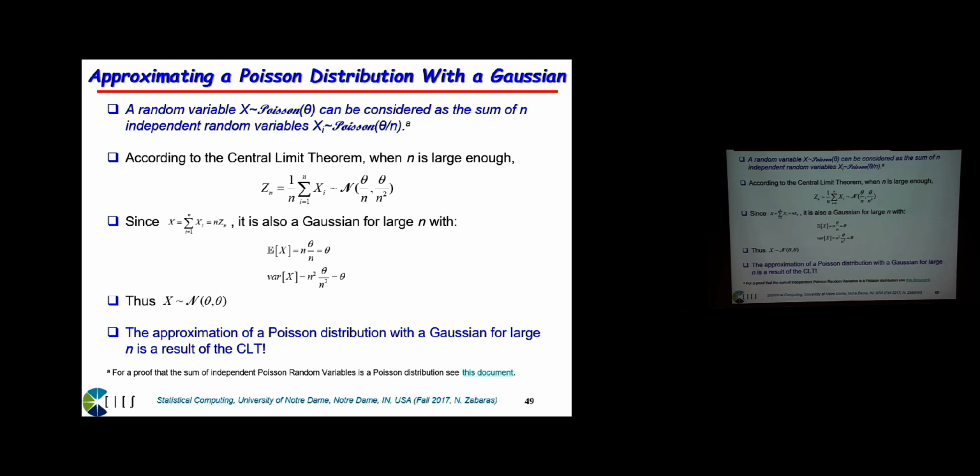But the sum of this divided by n, according to the central limit theorem, has to be Gaussian with the mean of this, and a variance here, sigma square over n. Sigma square is theta over n, because the Poisson has variance theta over n, divided by another n, theta over n squared. So x, which is the sum of xi, will be n times this variable, and that comes to be a Gaussian that has a mean theta and a variance theta.